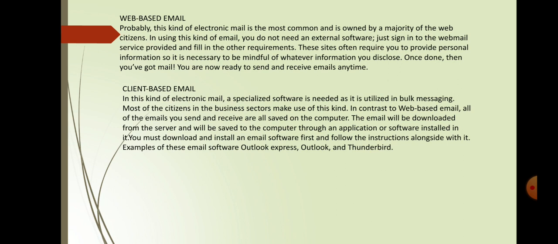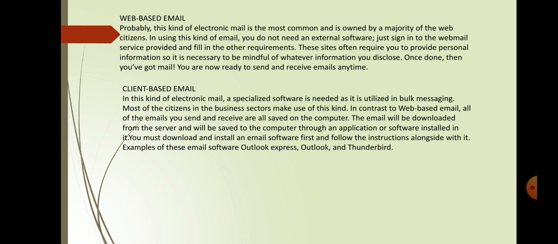In order to use the services of application or client-based email, we need to install a program in our machine, in our device, in our computer to read the email. Some examples of application-based email are Outlook Express, Outlook, and Thunderbird. Outlook you may find inside the MS Office suite.